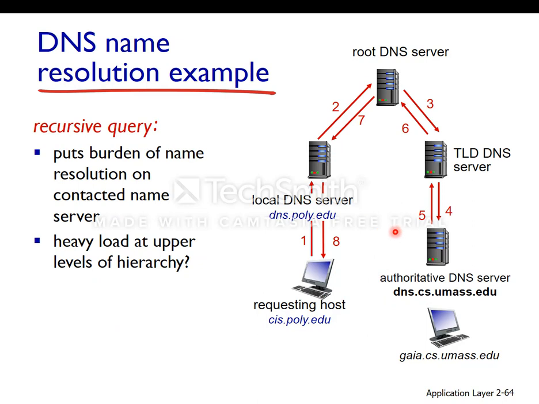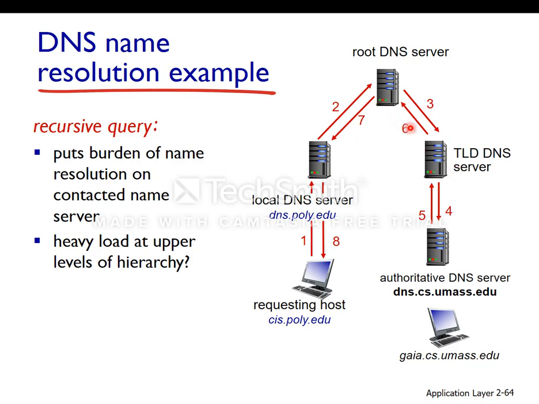Now, DNS queries can be iterative or recursive. In a recursive query, the burden of name resolution is placed on the contacted name server. So let's say here we contacted the local DNS server. If it was a recursive scenario, then the root DNS server would be asked in a recursive manner, what's the IP address for gaia.cs.umass.edu?